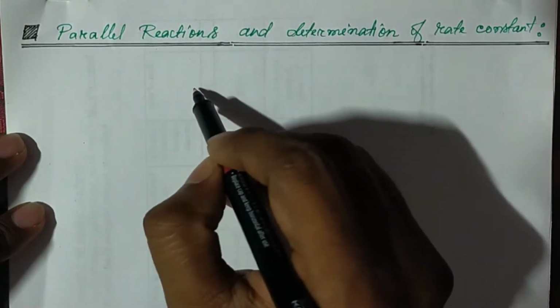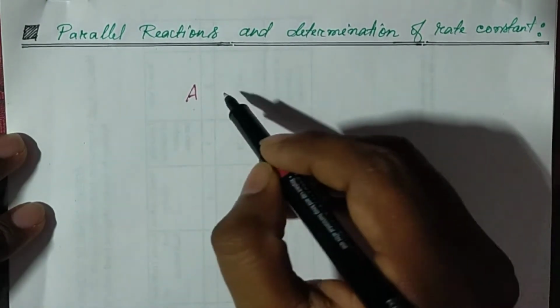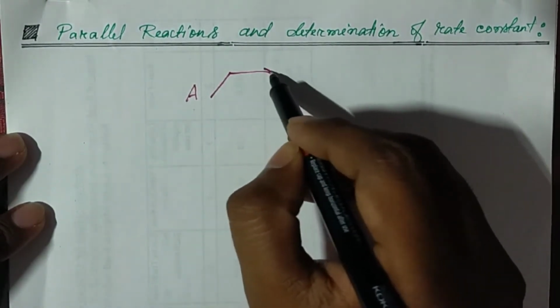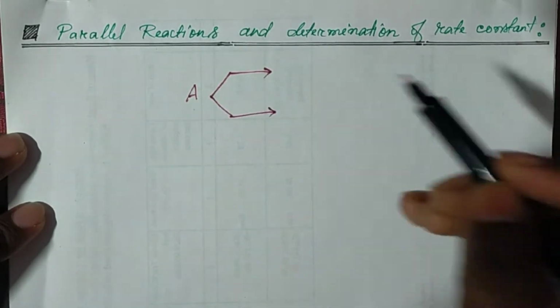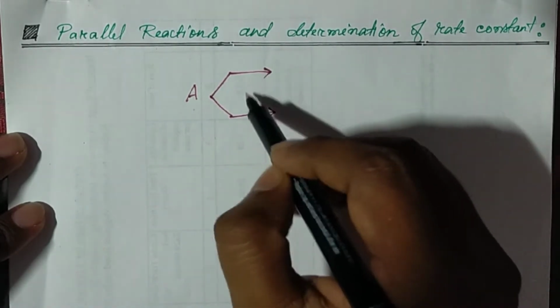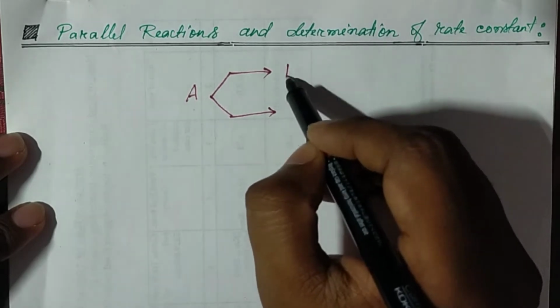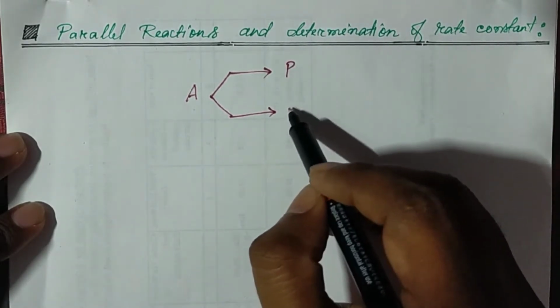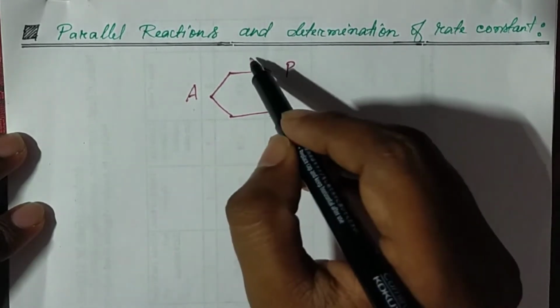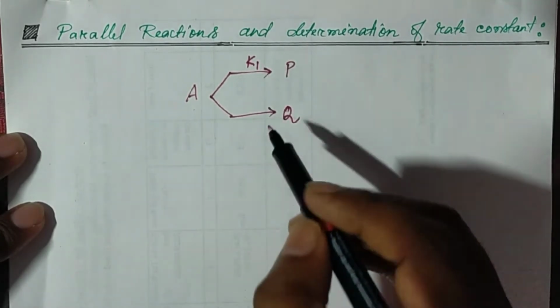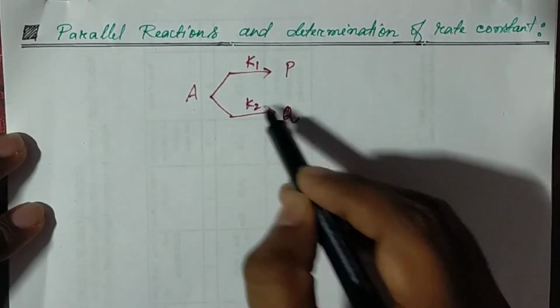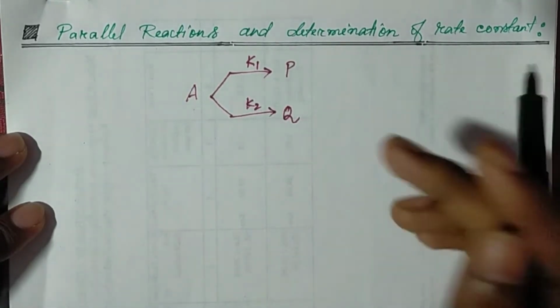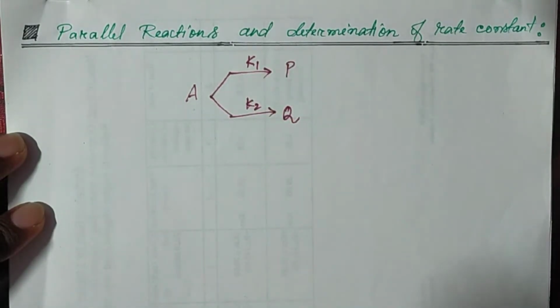Suppose there is a reactant A and there are two pathways, giving two different products P and Q, and the rate constants are different. This is K1 and this is K2. This type of reaction is called a parallel reaction.